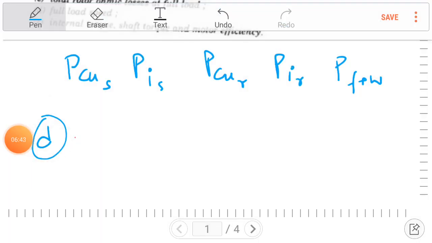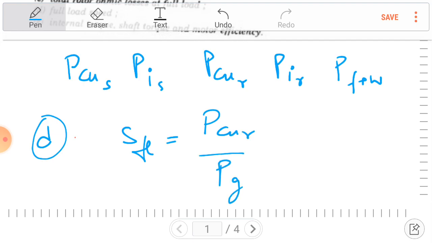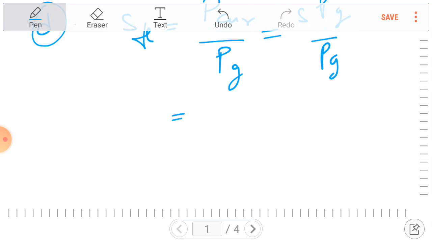In option D, full load speed we have to find. So before finding full load speed we will find the full load slip. So slip at full load can be determined as rotor copper loss divided by air gap power, as rotor copper loss is equal to s times Pg. So rotor power is 228 divided by air gap power 10,648.